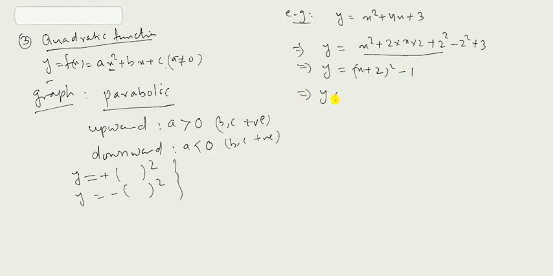Then I'll have y plus 1 equal to x plus 2 whole square. So you write it like this: y minus minus 1 is equal to x minus minus 2 whole square. So definitely here the sign of x square is positive, therefore it is an upward parabola.